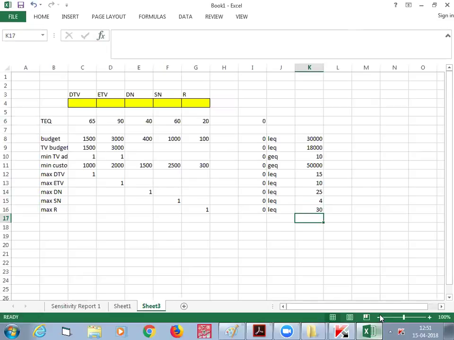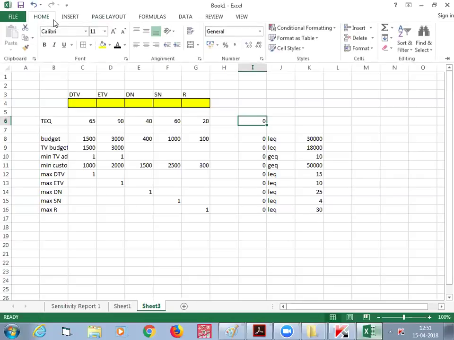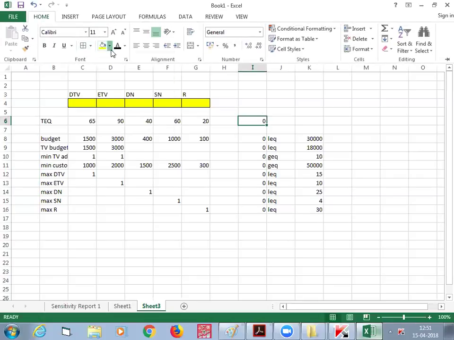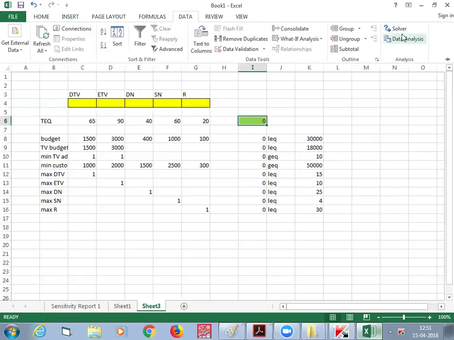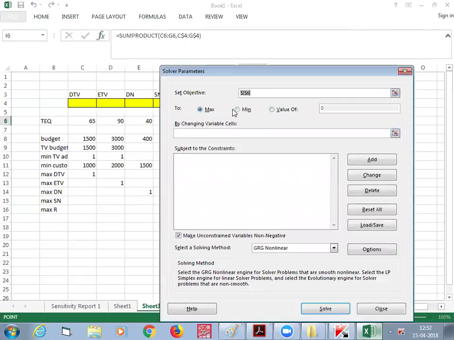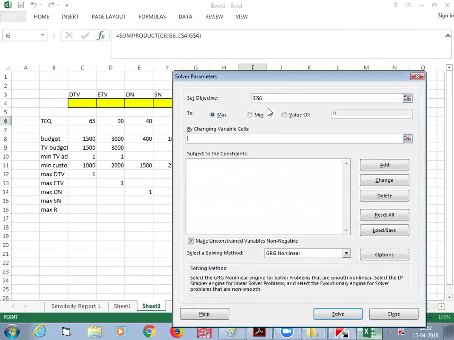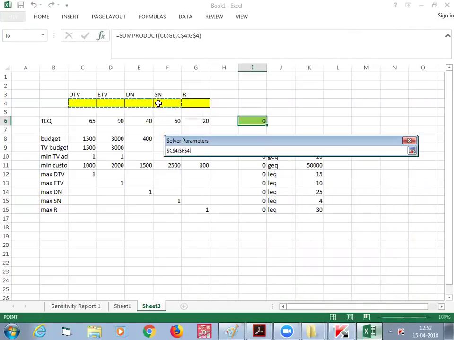So all right, we're trying to maximize our total exposure quality. All of these are the variables.